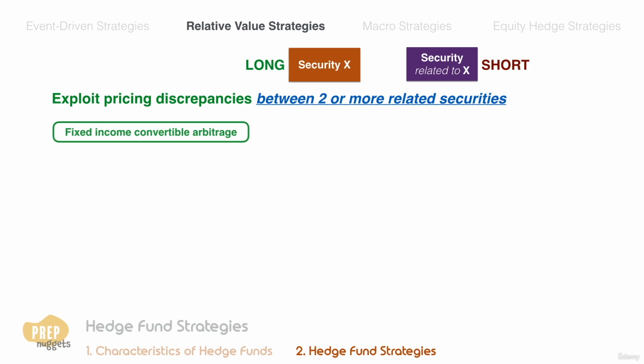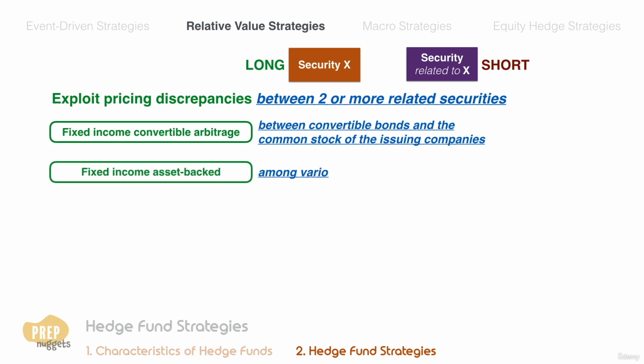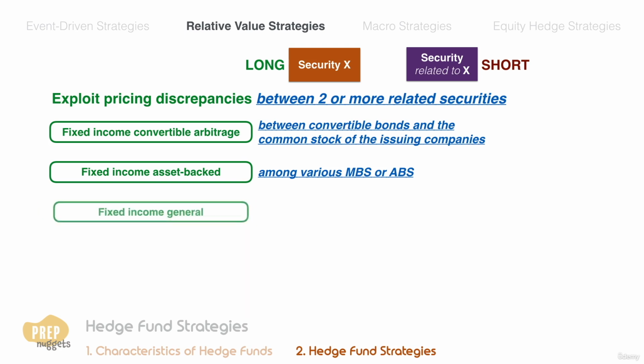Examples include fixed income convertible arbitrage, which is to exploit pricing discrepancies between convertible bonds and the common stock of the issuing companies. Fixed income asset-backed, to exploit pricing discrepancies among various mortgage-backed securities or asset-backed securities. Fixed income general, to exploit pricing discrepancies between fixed income securities of various types.